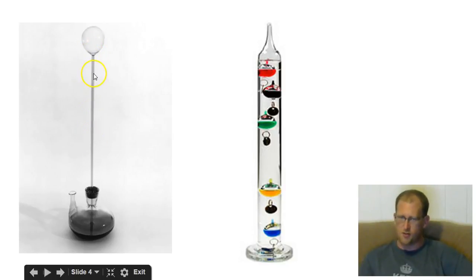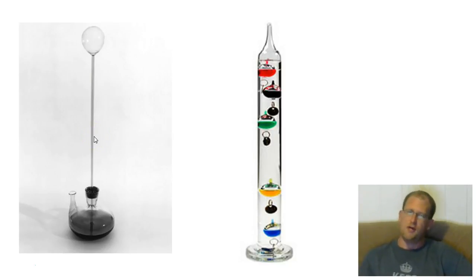And so the height of the water column helps the person understand relatively the temperature, okay? Problem is that it's also impacted by barometric pressure, atmospheric pressure. So when the water column goes down, it might be because the temperature is increasing, or it might be because the pressure just dropped outside because a rainstorm's coming in.